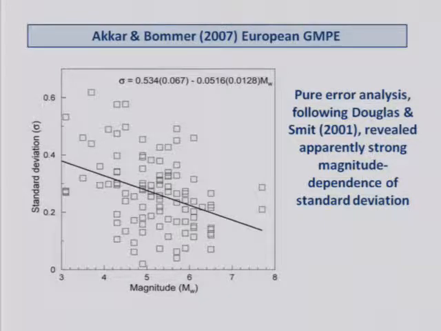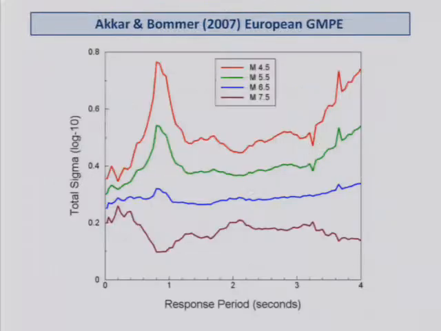The slope of that line there is also not statistically significant for many of those bins. And we also have suspicions that down here at magnitude 3 and 4, some of that variability is coming from the fact that we don't have very well determined magnitudes and perhaps other parameters. And up here at the larger magnitudes, we actually don't have a great deal of data. So we can't necessarily conclude that it's a genuine feature.